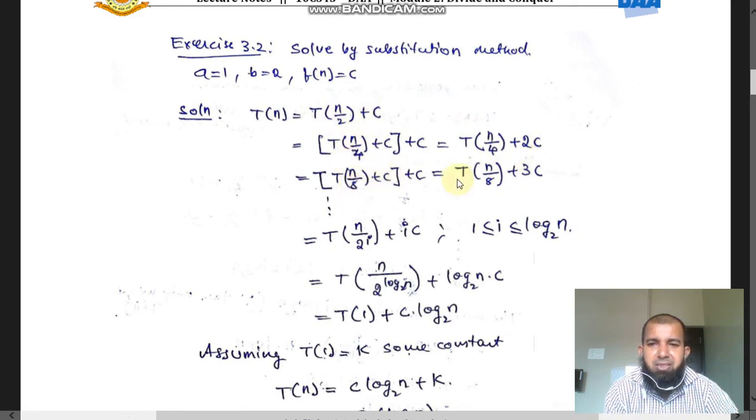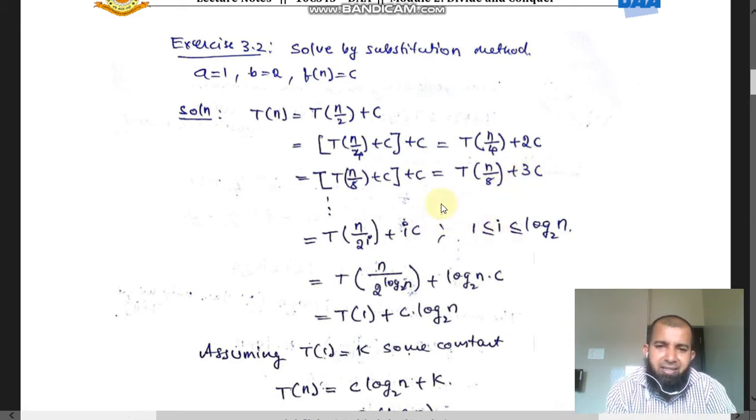Already 2c is present, so 1c plus 2c, that is 3c. Like this you have to repeat. In general, what you can write? T of n by 2 to the power of i plus ic. Here i is 3, 2 to the power of 3 means 8, and 3c here.